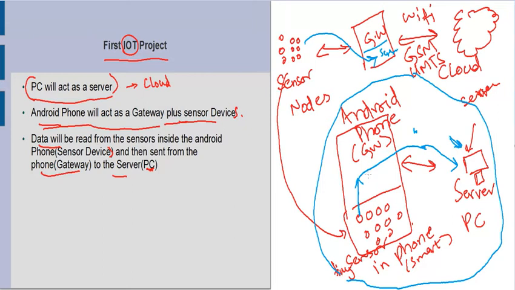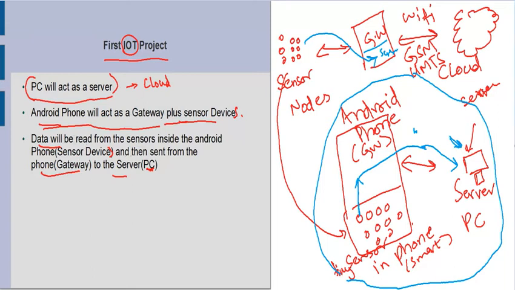So after getting the right values, processing the values if we want, we are going to send these values to the server. As it's described here, data will be read from the sensors inside the Android phone. These sensors are also the sensor devices inside the Android phone.